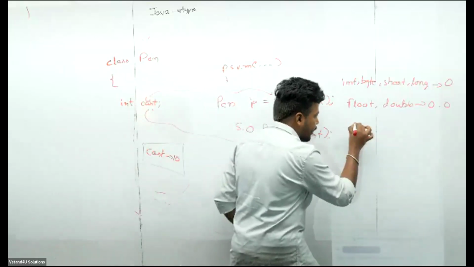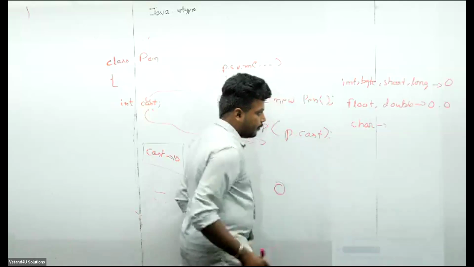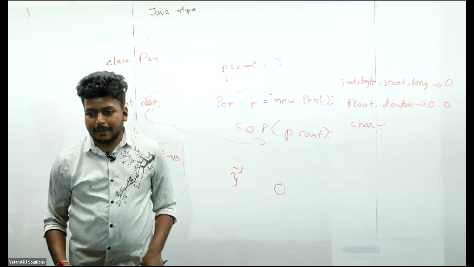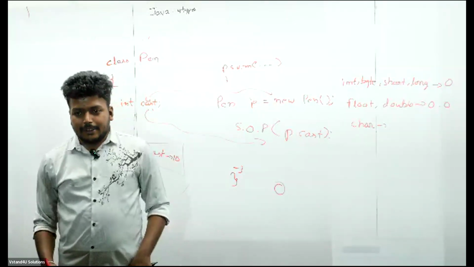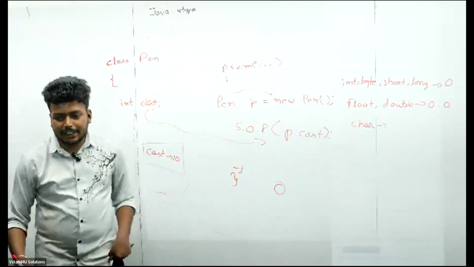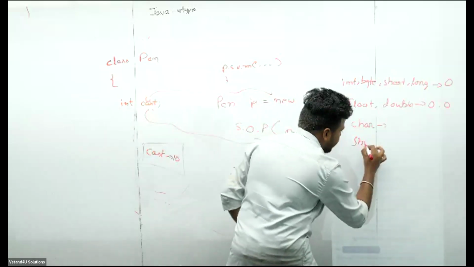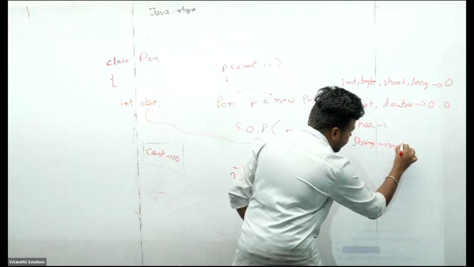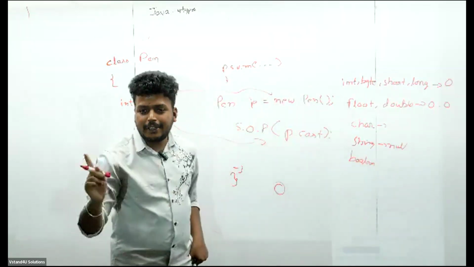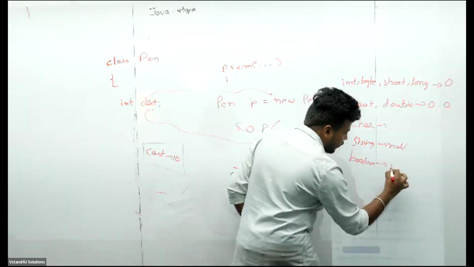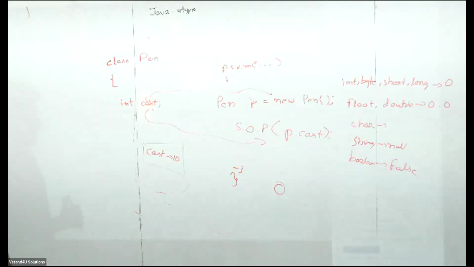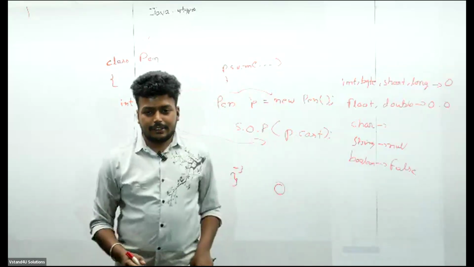Then what about the character? Null is for string. For Boolean, what is the default value?